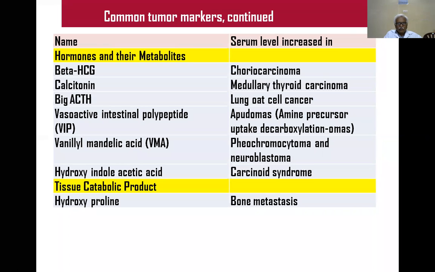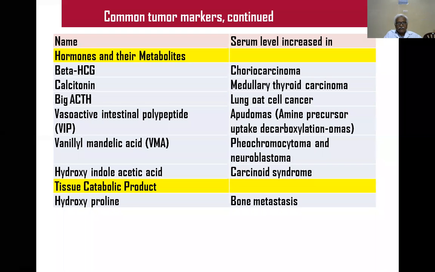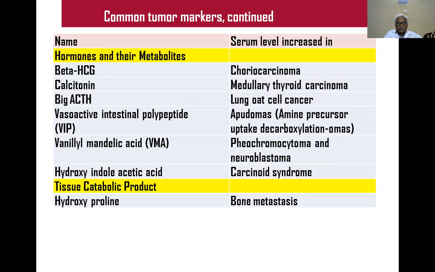And then calcitonin, medullary thyroid carcinoma. ACTH, small cell lung cancer. Vasoactive intestinal polypeptide, adenomas, amine precursor uptake and decarboxylation, that's why APUD adenomas.